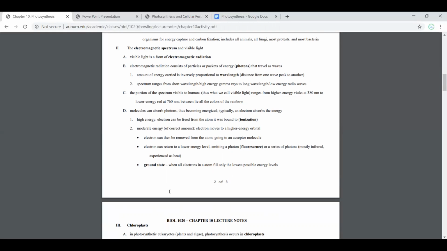And when it falls back, it'll actually emit a photon. So this is kind of like a cycle, right? Photon hits the atom, the electron moves from the ground state to the excited state. The electron loses energy, so it falls from the excited state back to the ground state, and this releases energy in the form of photons, which is what we see in fluorescence. If you've ever seen those bioluminescent jellyfish, that is due to that electron falling back to a lower energy level and releasing energy in the form of a photon.